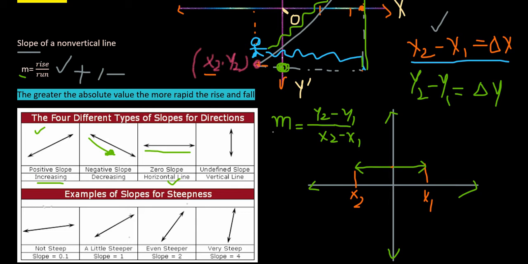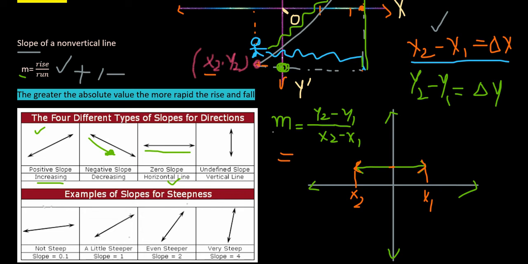Delta y. There isn't any change in the y direction, in the y-axis, because it is a horizontal line. We didn't get any value of y, and it is also moving from both sides.